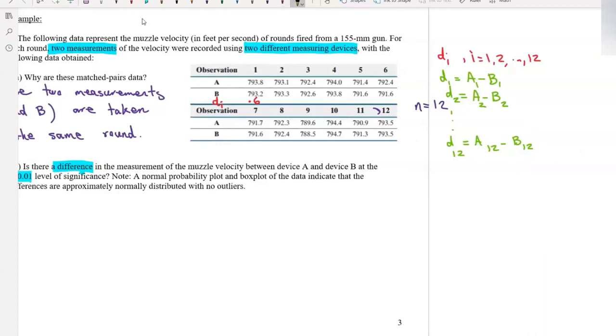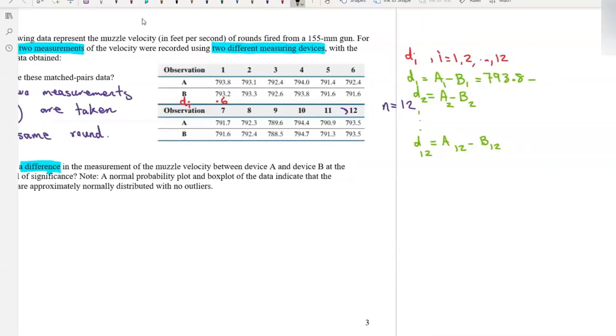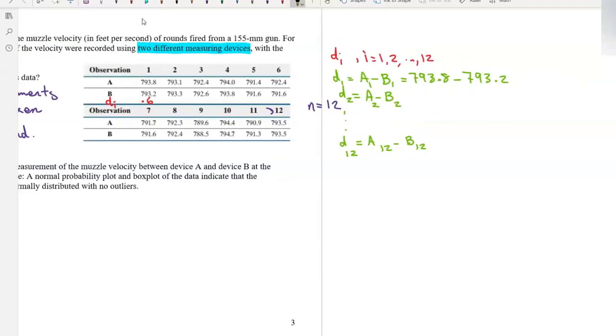Okay, let me write the first one here. So here we have 793.8 minus 793.2. So this is equal to 0.6. This one, 793.1 minus 793.3.